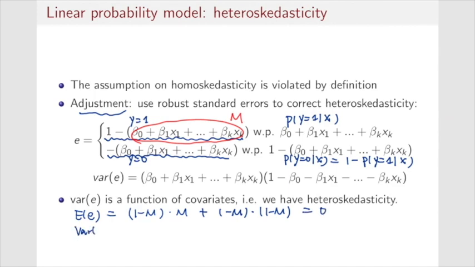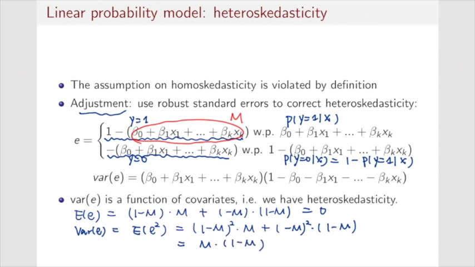Then the variance of the error term is the expectation of E squared, which is 1 minus M squared times the probability, which is M, plus minus M squared times 1 minus M, and it is equal to M times 1 minus M, which is this term here.